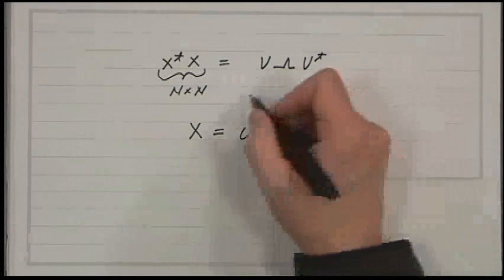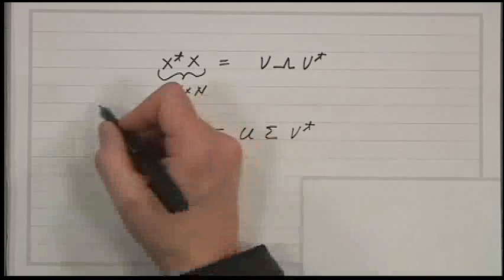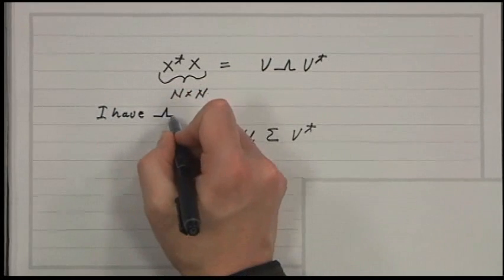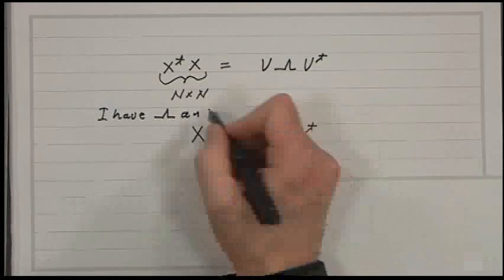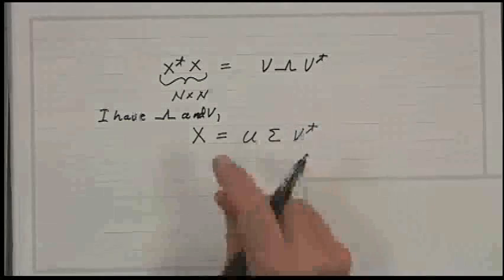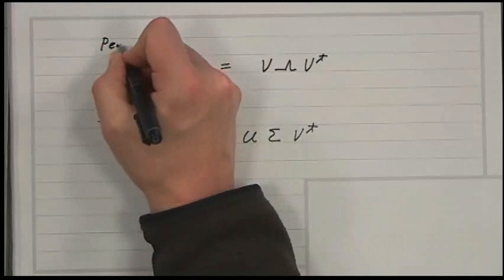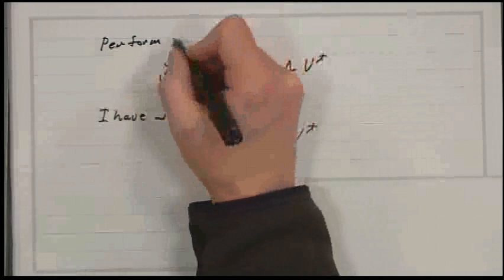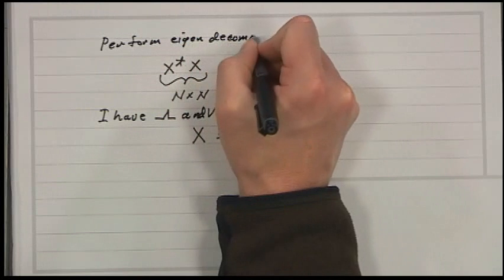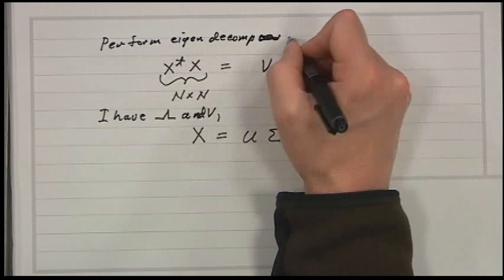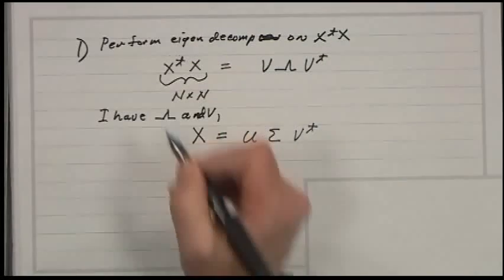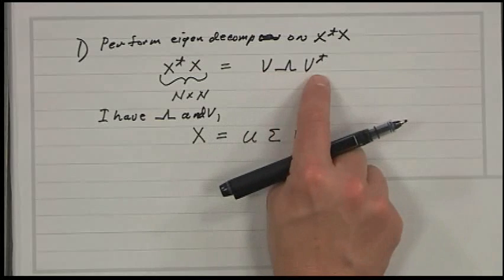So I have lambda and V. I perform eigen decomp on X transpose X. When I perform eigen decomp on X transpose X, I get V lambda V transpose.